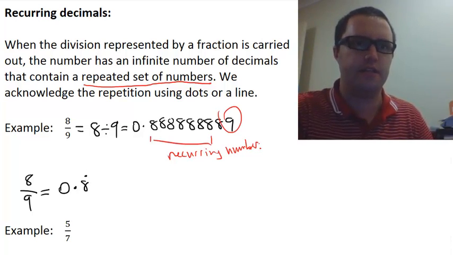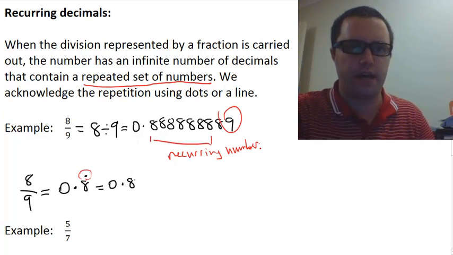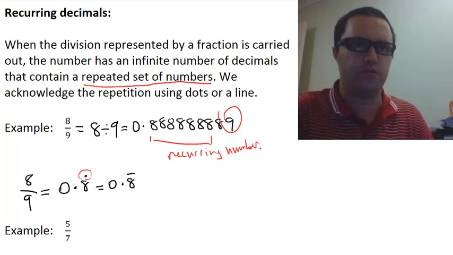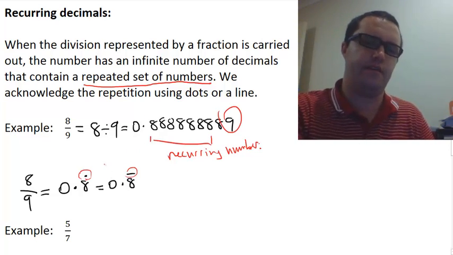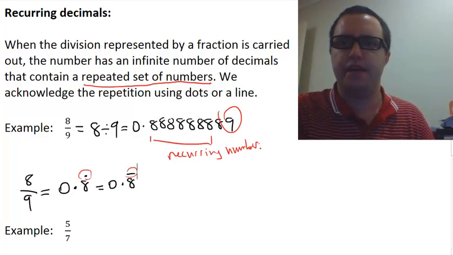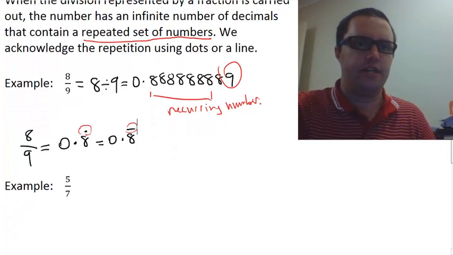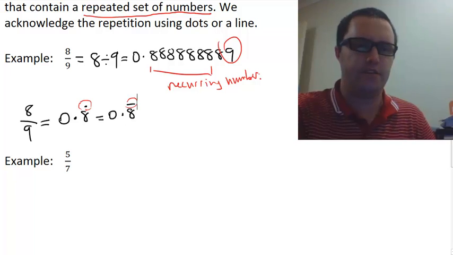This 9, you'll see later on, is just a rounded number. This little dot tells us that this number 8 goes on forever. You could also write it as 0.8 with a line over the top. This is the line I was talking about that demonstrates that the 8 keeps going forever.